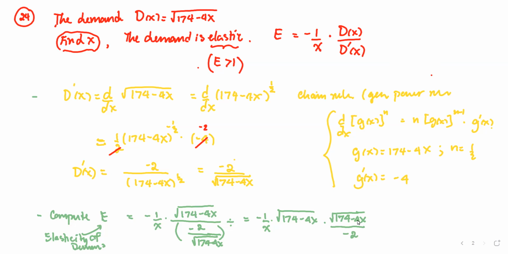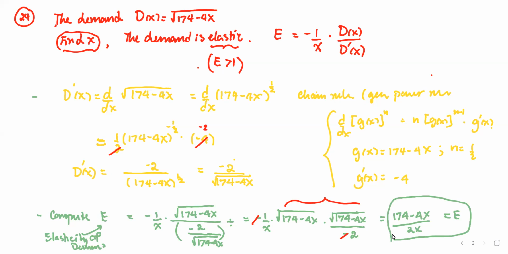The negative and negative cancel, and the square root times the square root simplifies to no square root, because the square root squared cancels out. So the numerator is 174 minus 4x divided by 2x, because it's 2 times x. So this is the elasticity expression for the demand.